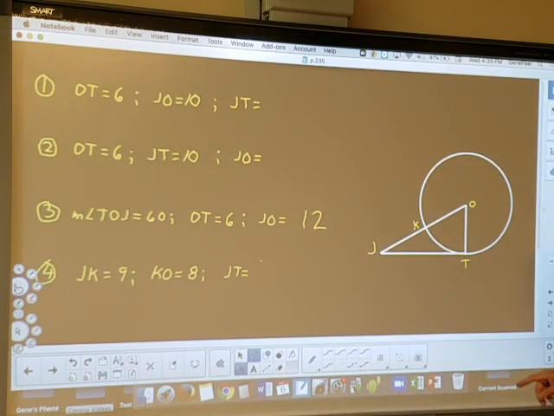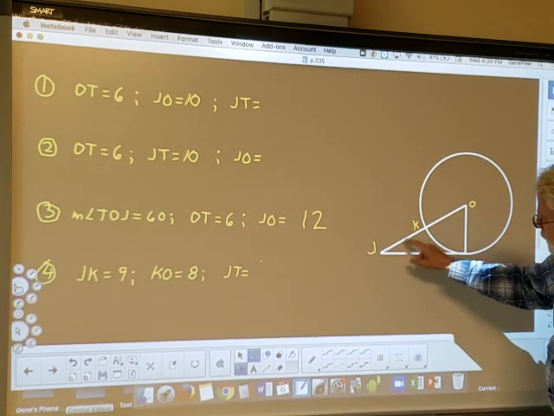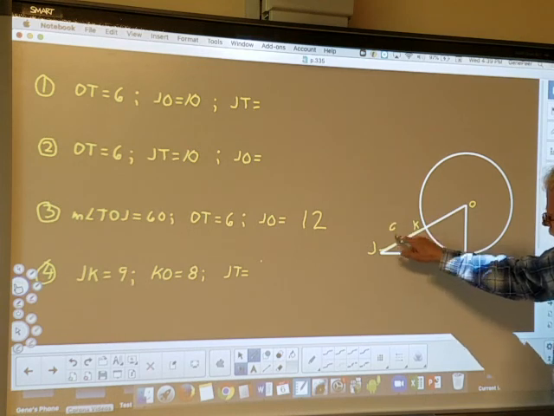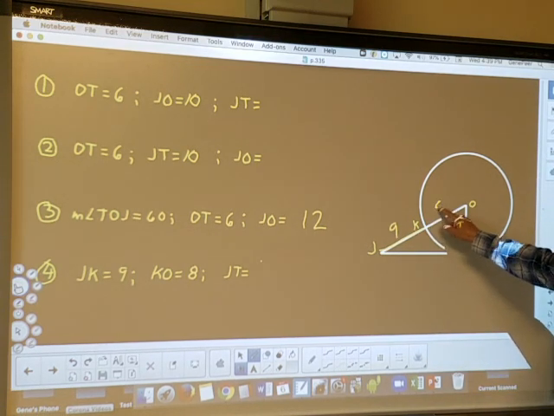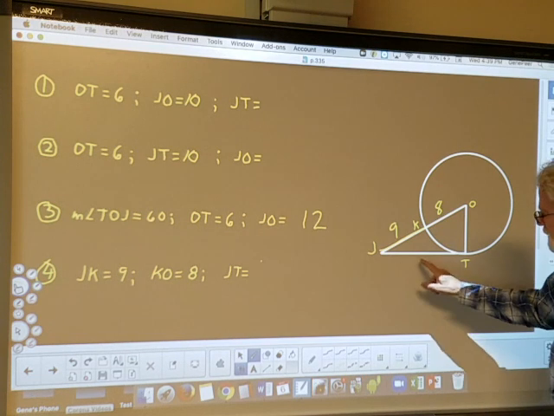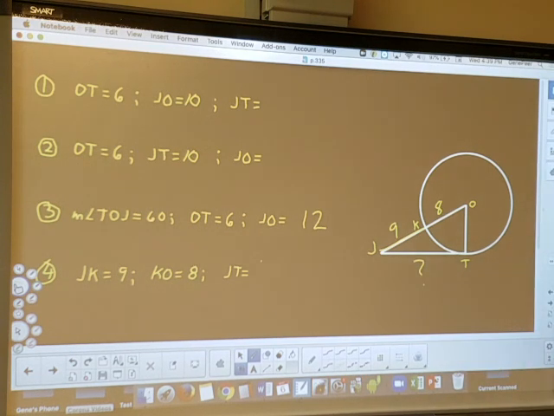If JK is 9, just this little piece, and KO is 8, we want to know what JT is. They didn't give us enough information. Oh, yes, they did give you enough information. There's a little bit of a trick to it. But they didn't tell us OT. Yes, they did.